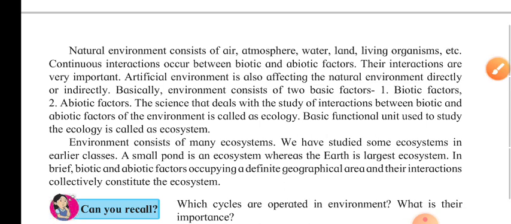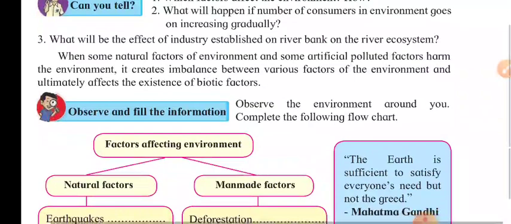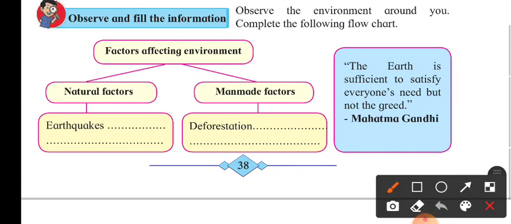Further, environmental conservation is another important part. To live healthy on the earth, a proper environment is needed, and that's why conservation is very important. Mahatma Gandhi said, the earth is sufficient to satisfy everyone's need, but not everyone's greed. These are very important words said by the father of the nation.